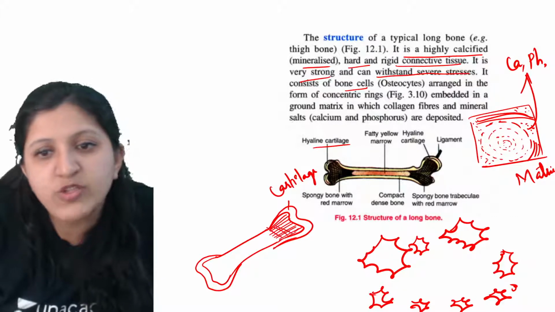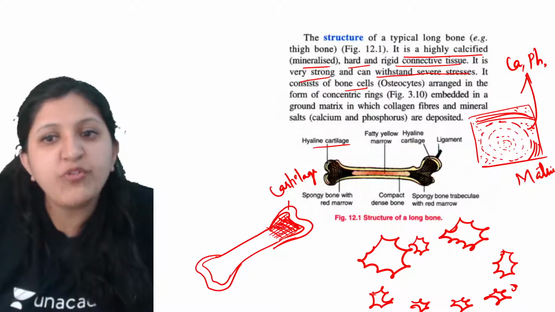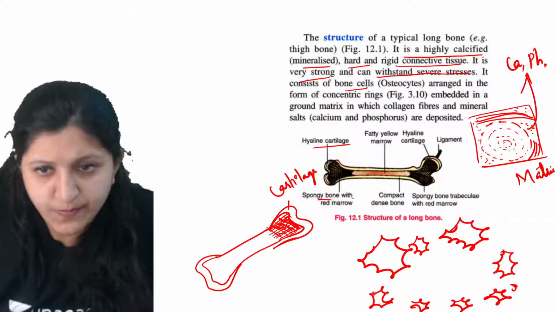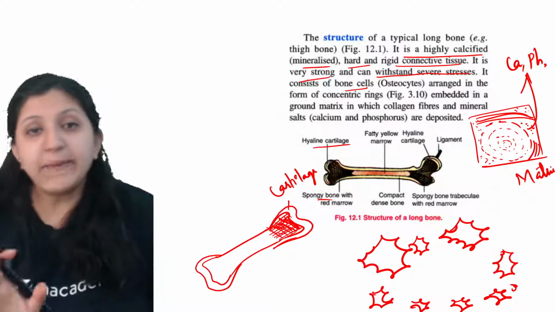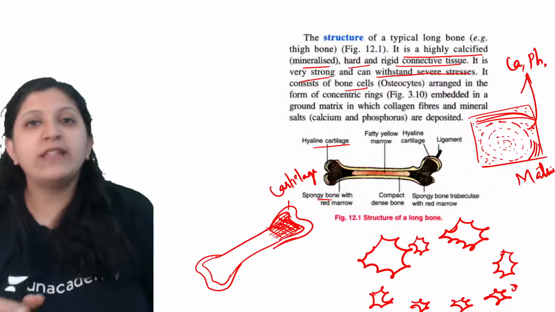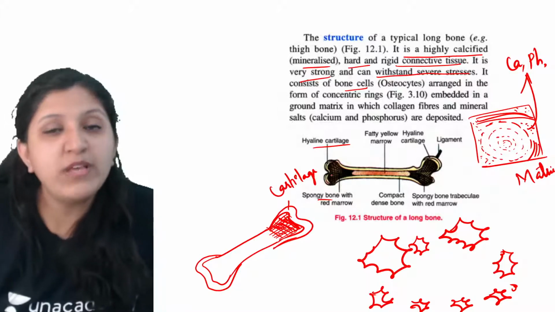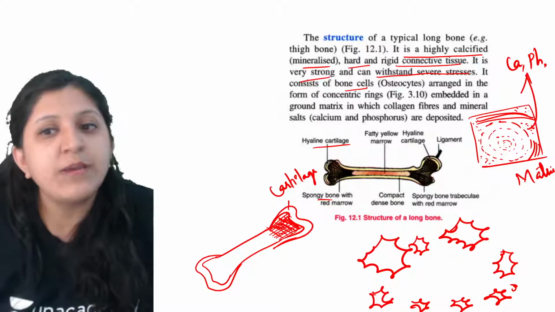That is mainly because the arrangement of tissues gives this spongy appearance. It is called a spongy bone because of the appearance, but it is a stronger bone, so it's not that it will be flexible or easily broken. Spongy bone is a stronger bone itself; only based on the arrangement does it appear as a sponge.